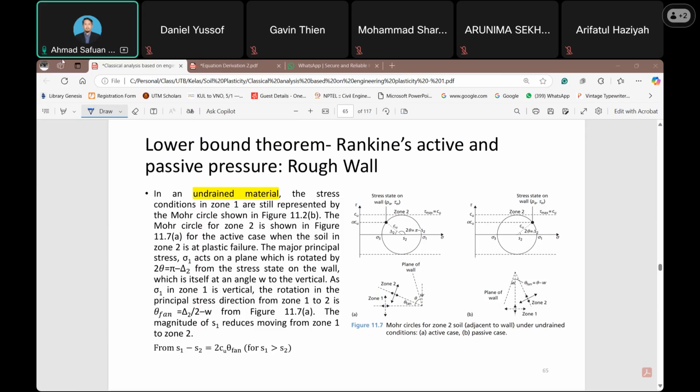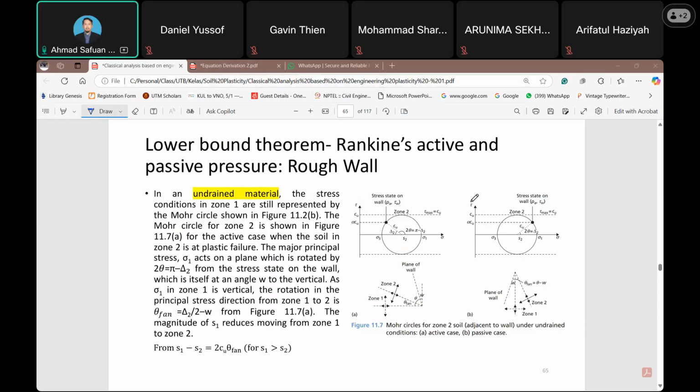So in an undrained material, the stress conditions in zone 1 are still represented by the Mohr circle in 11.2b.